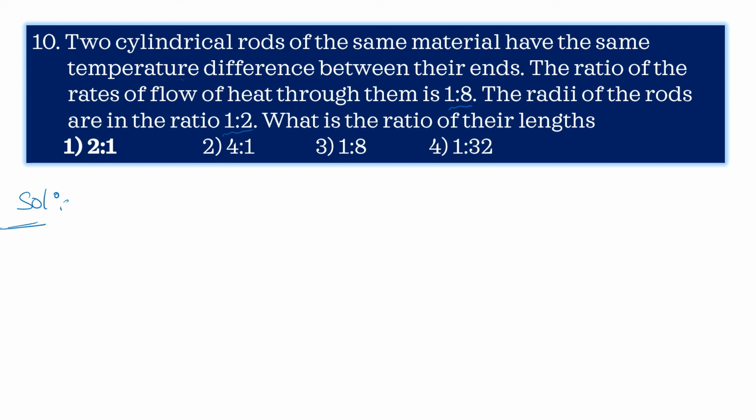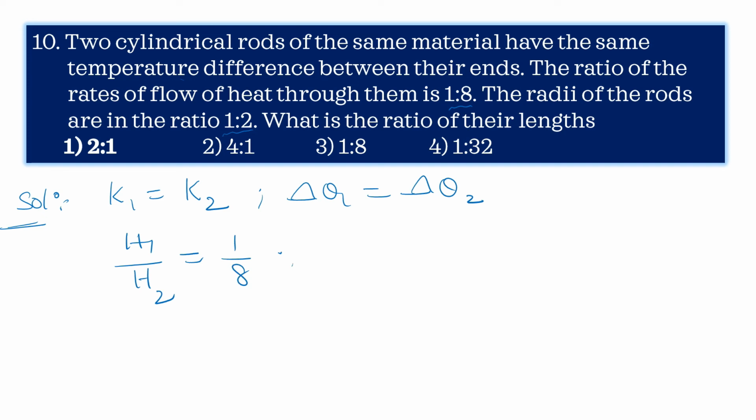In this question, they have given that their thermal conductivities are the same and the temperature difference is also the same, that is delta theta 1 is equal to delta theta 2, and the rate of flow of heat H1 by H2 is equal to 1 by 8, and R1 by R2, the ratio of radii of rods, is 1:2.